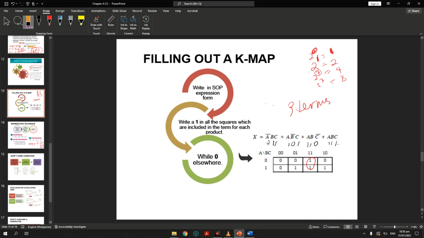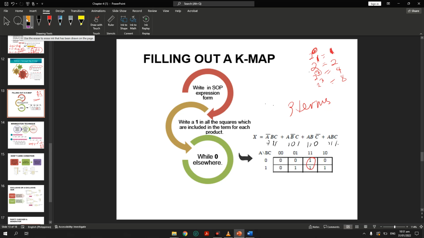Because later on, your output terms could be translated into a design or into a circuit, which can be much easier for you to do compared kung duro ang imong variables.